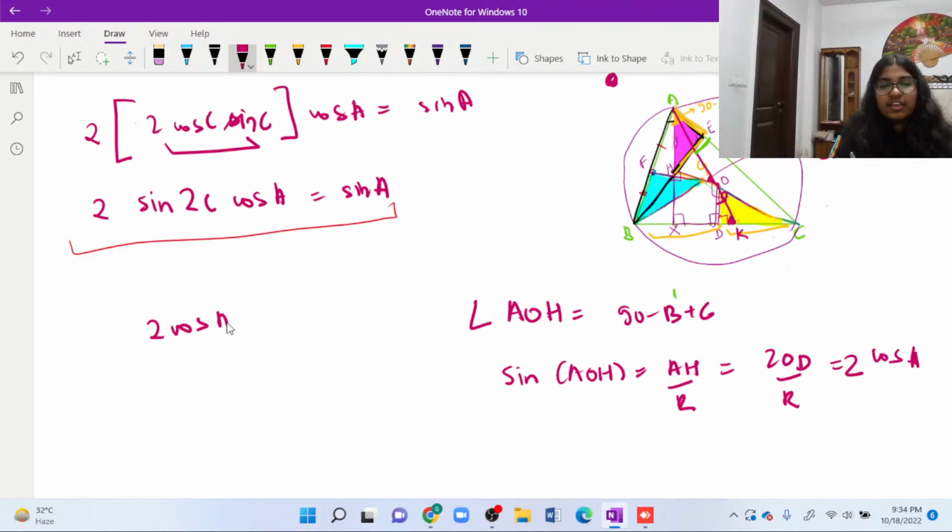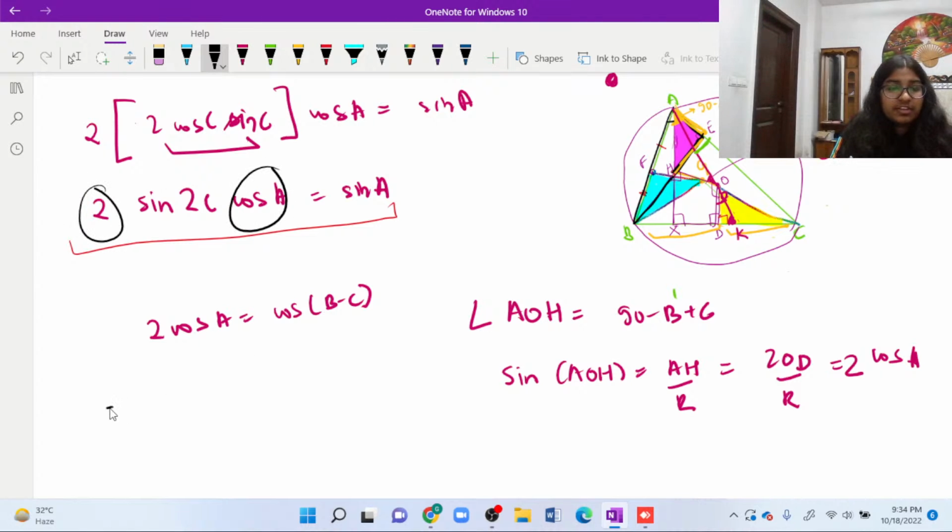So 2 cos A equals sine of 90 minus (B minus C), which is cos of B minus C. Yeah, so 2 cos of A gives cos of B minus C.